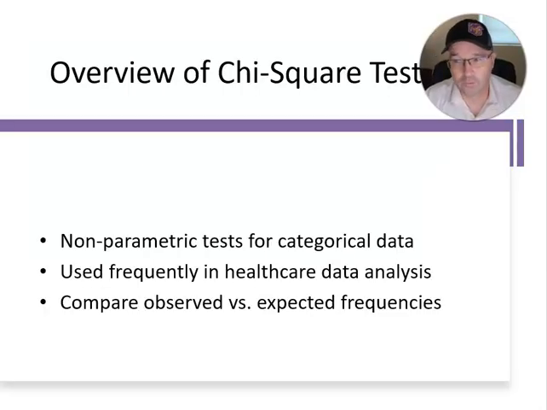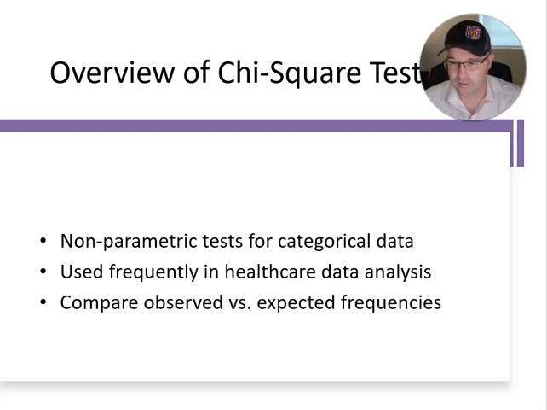If you don't remember what categorical or parametric versus non-parametric tests are: thus far in the semester, we've been looking at mostly parametric tests, that is, continuous data. Now we're going to look at these non-parametric tests where the data isn't continuous. They're usually categorical.